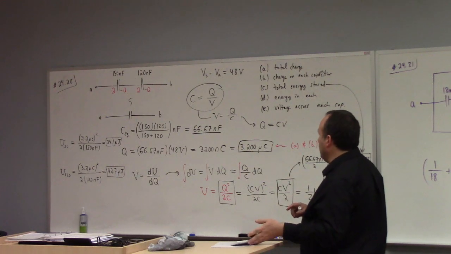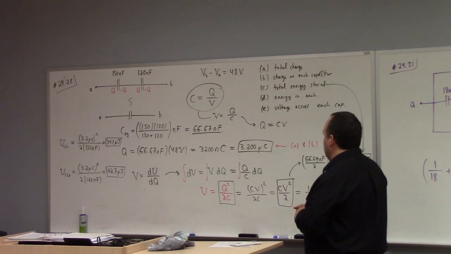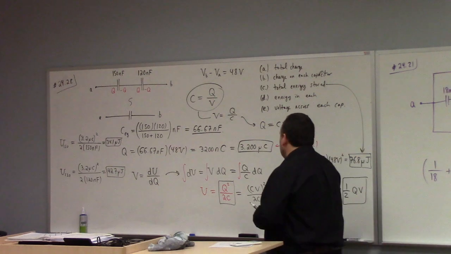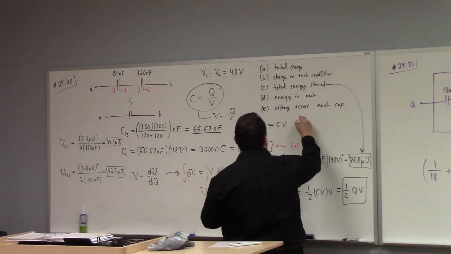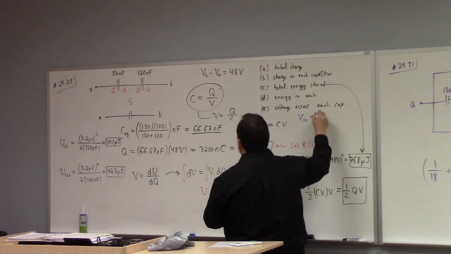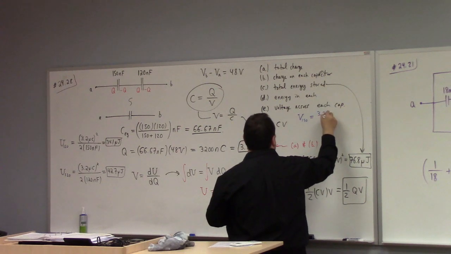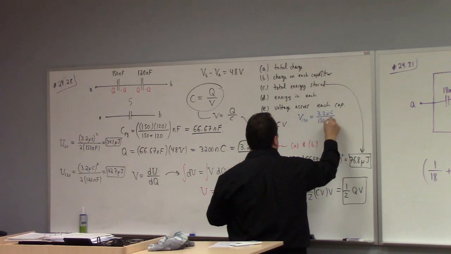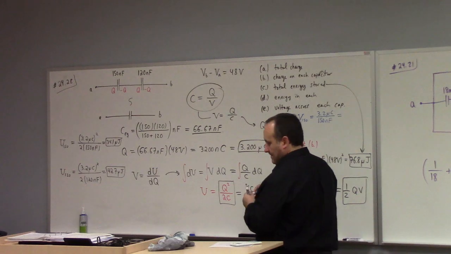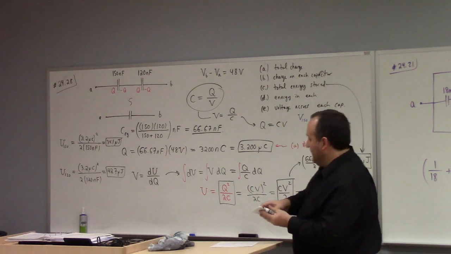So we go back to Q over C, right? So voltage across the 150 is equal to our 3.2 microcoulombs divided by 150 nanofarads. And that gives me what?